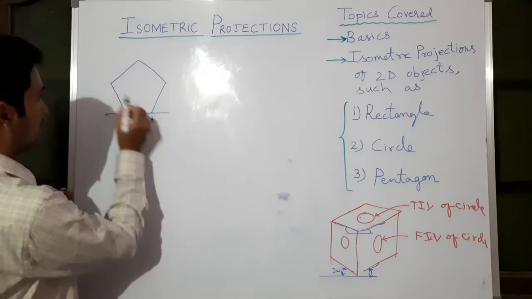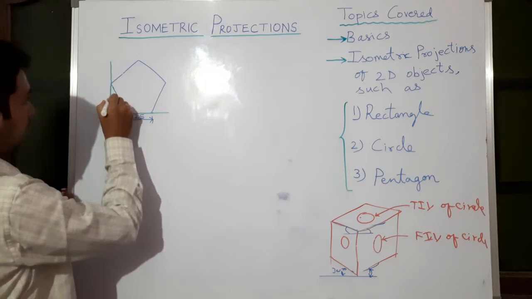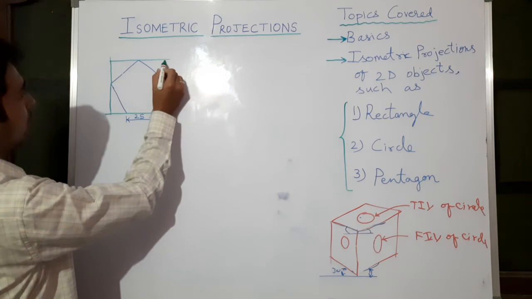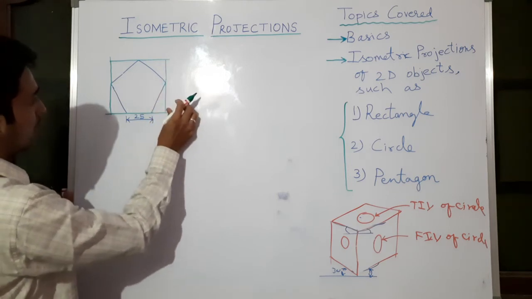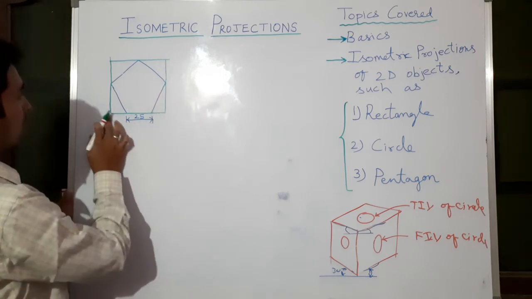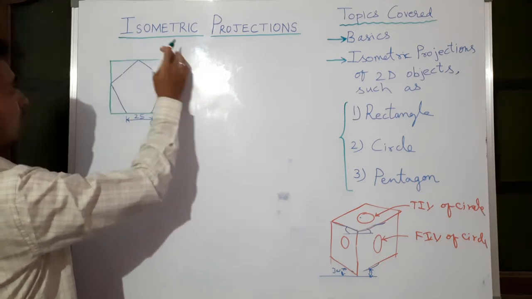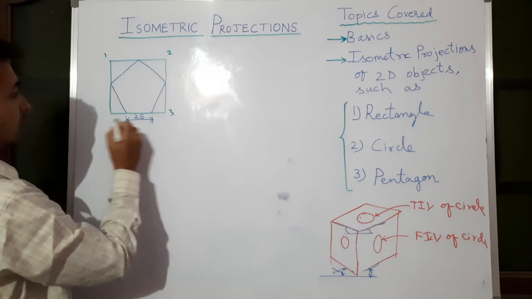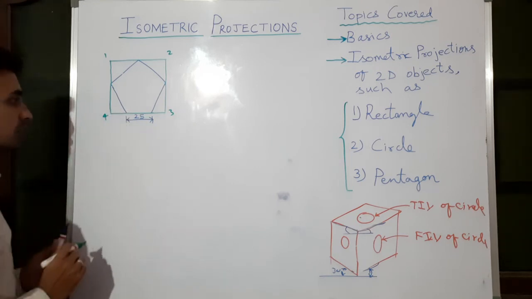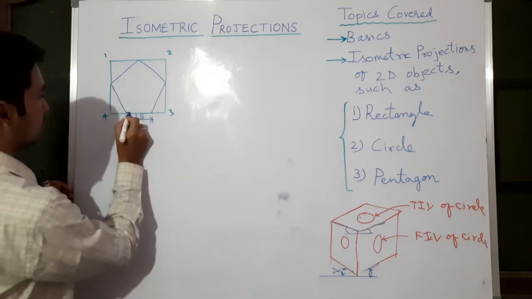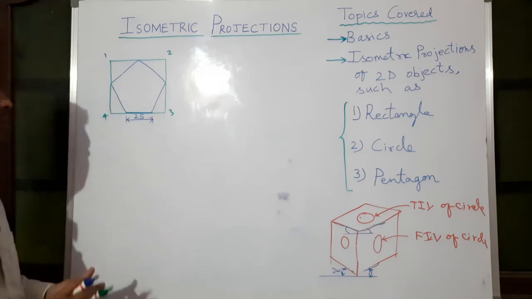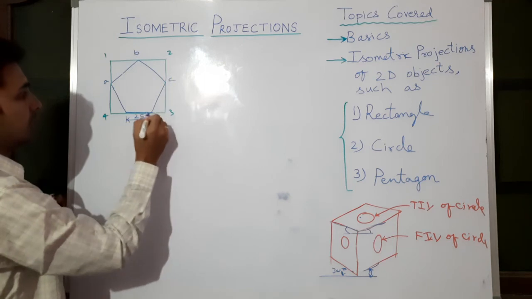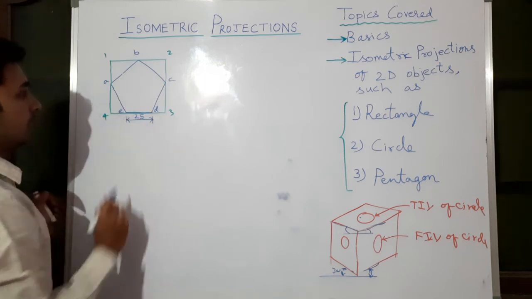Imagine this is a box in which I am putting this pentagon. Okay, imagine this is 1, 2, 3, 4 like that. The pentagon also we will name A, B, C, D and E.